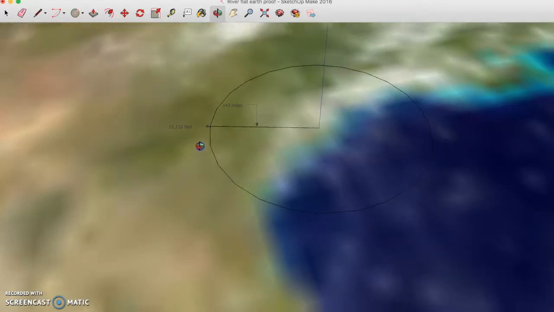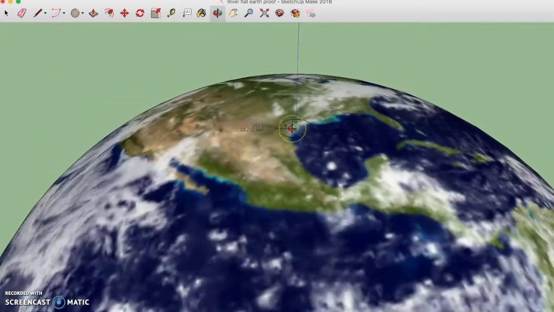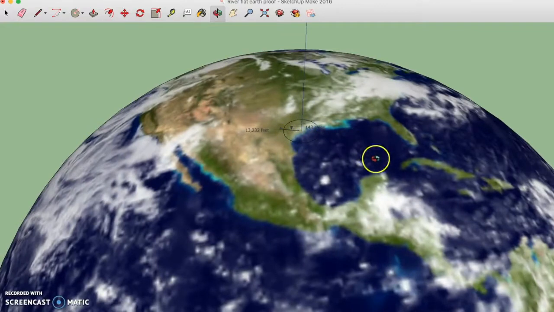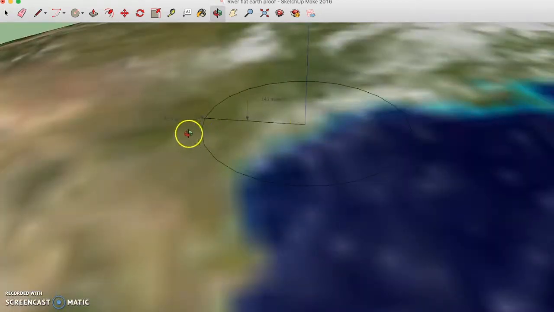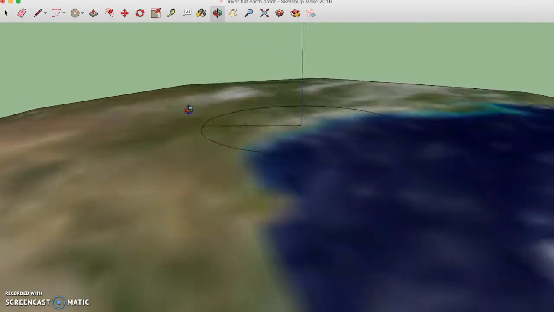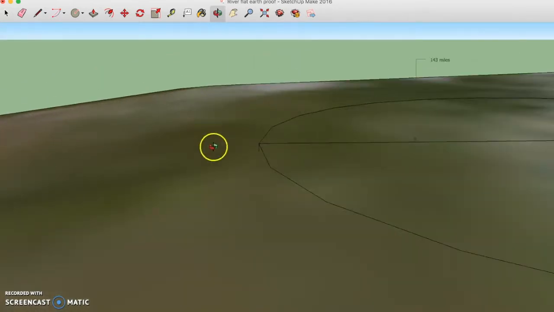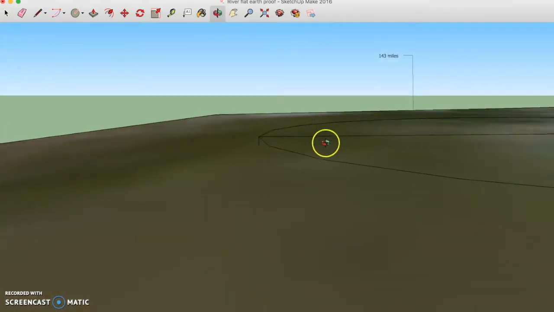And what you'll see here is that if we're on a ball, there has to be curvature everywhere. And what I did is I aligned this vertical axis right through where it enters there. So what you'll see here is that on a ball, you're going to have this curvature.